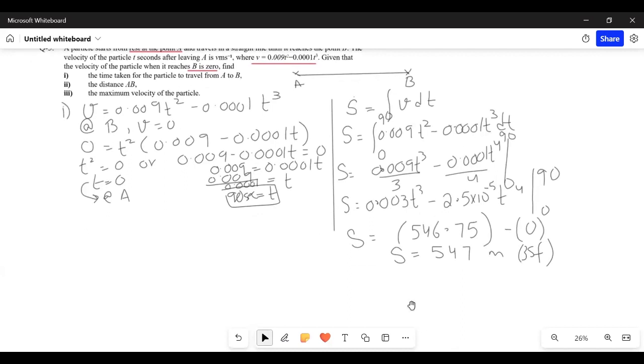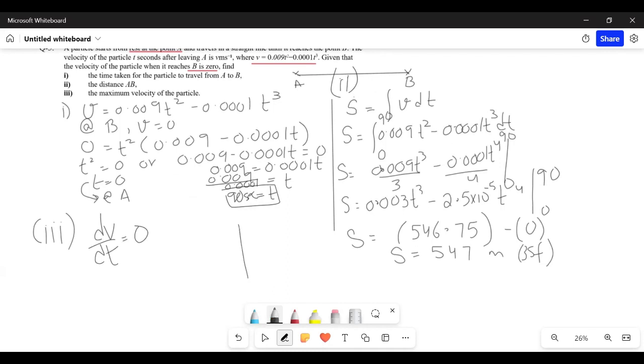Part 3. The maximum velocity of this particle. Okay. Maximum velocity is when dv over dt is equal to 0.